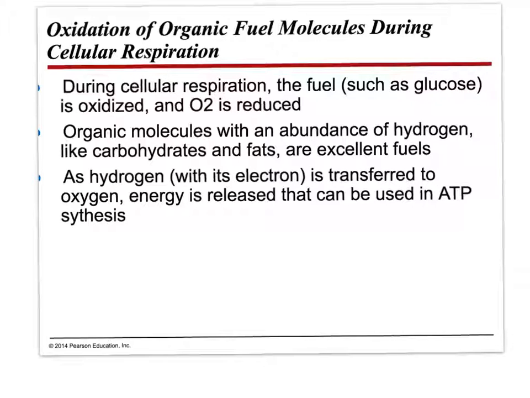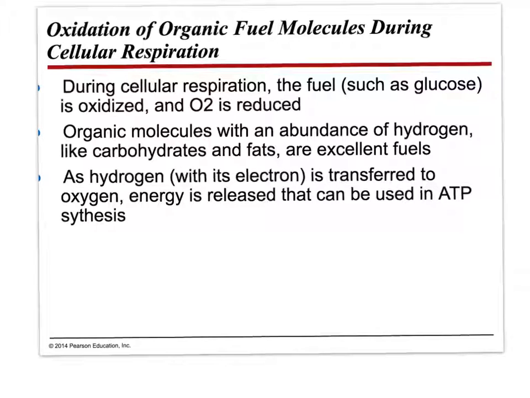A little bit of energy is released, and as you step from one level to the next, the cell stores that energy in the form of ATP. So doing it in a stepwise process allows the cell to efficiently produce ATP from glucose. Okay?